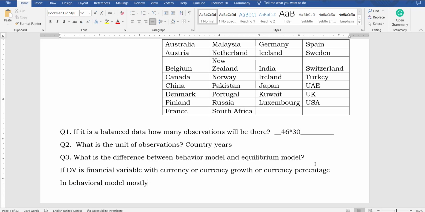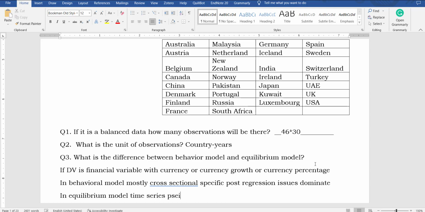In the behavioral model, mostly cross-sectional specific post-regression issues dominate. And in the equilibrium model, time series specific post-regression issues dominate.